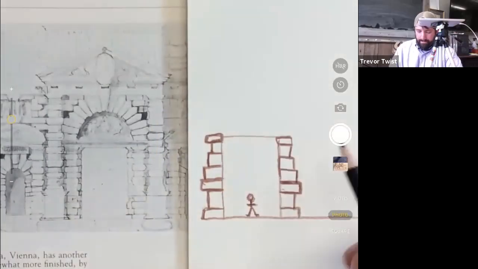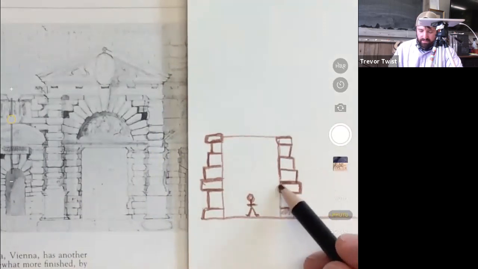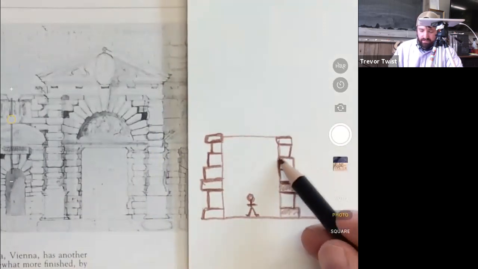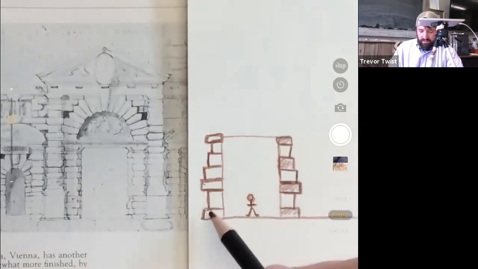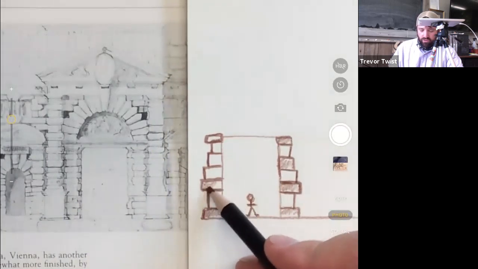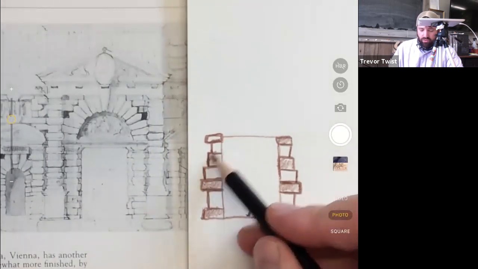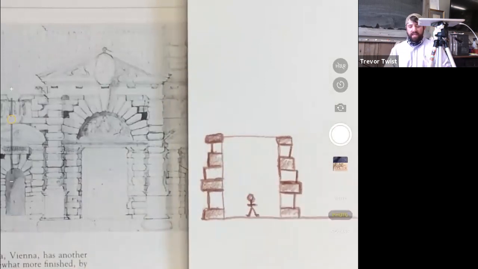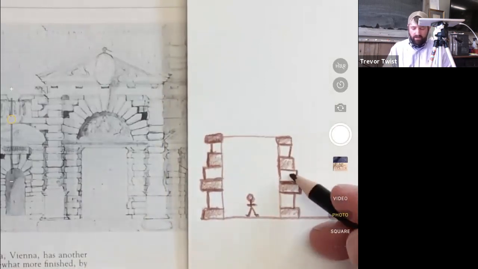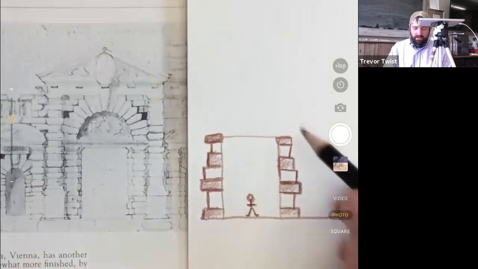I'm going to go tone, light, tone, light, tone, light, tone. I'm going to do that just so I can keep the bricks straight in my mind. Tone, light, tone, light, tone, light, tone. So I did wide, narrow, narrow, narrow, narrow, wide.